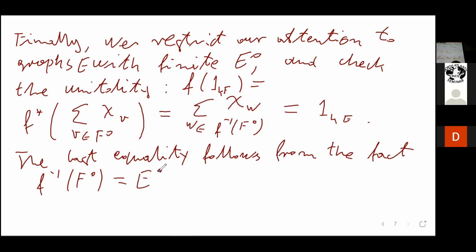Right, this is because we assumed that vertices are mapped to vertices, okay? So all vertices in E0, all of them are mapped into vertices in F0. So I take the preimage, of course, I get everything, yeah? Okay, so this ends the proof. And I must say, I really like this proposition. Maybe we should call it a theorem because it's cute.